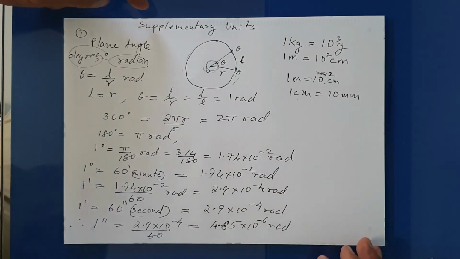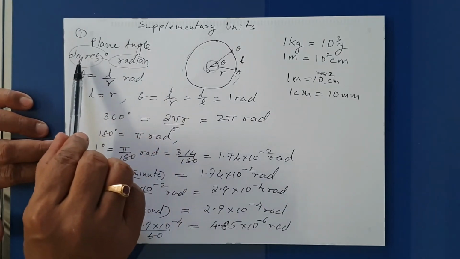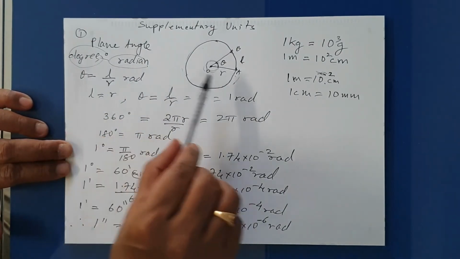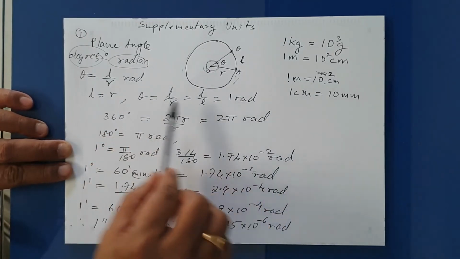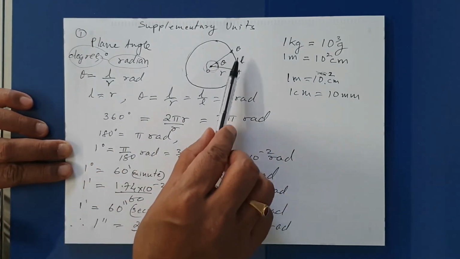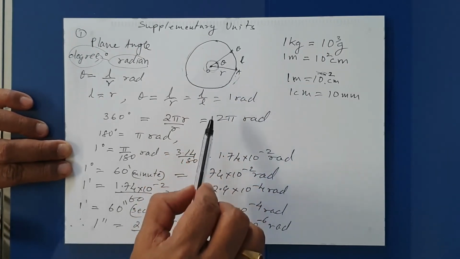So I'm just going through this once more. Plane angle: the commonly used unit is degree. The SI supplementary unit is radian, and it is equal to arc upon radius, which gives you the angle subtended at the center in radians.